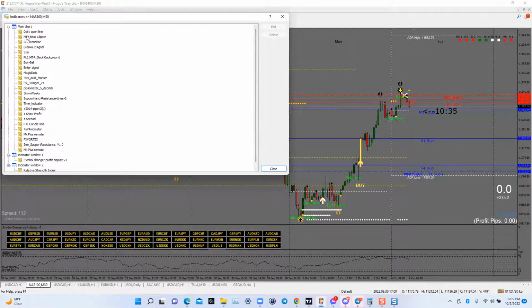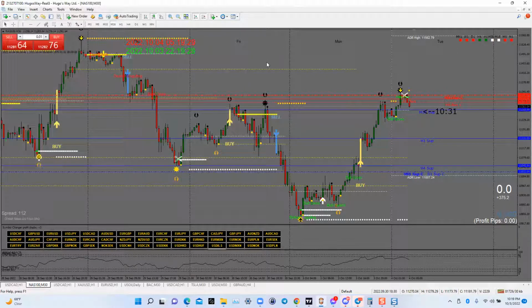But these are just indicators that I've gotten over the years. Some of them I paid for, some of them were free, and I put together my own template to help me. Yeah, that symbol change is pretty cool because you don't have to go down to the bottom. You have to click on it. Yeah, right. You can just quickly go around. So yeah, I think that's a free one.